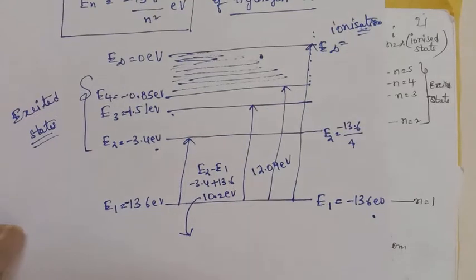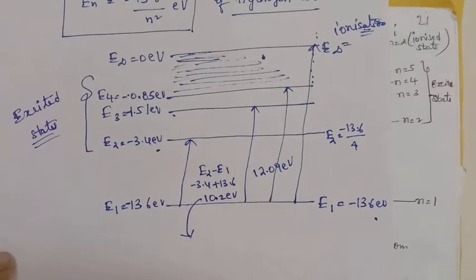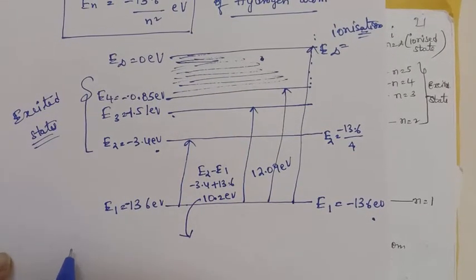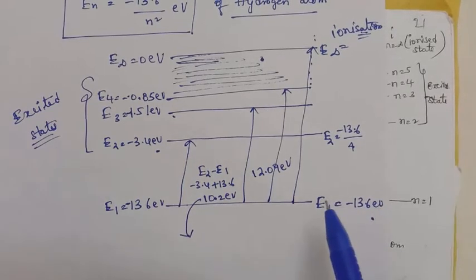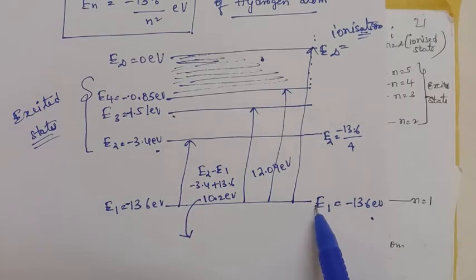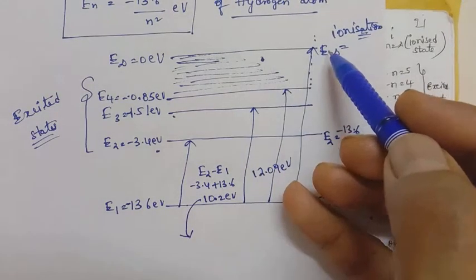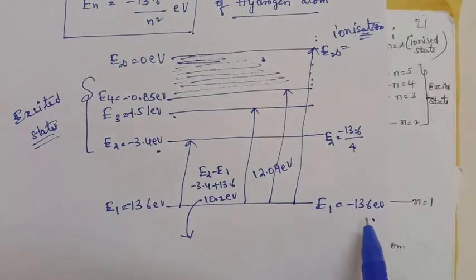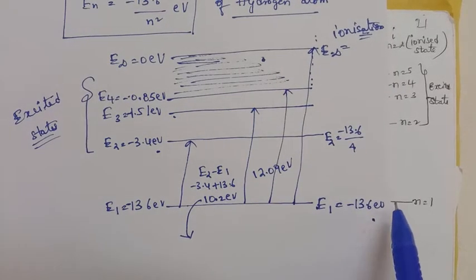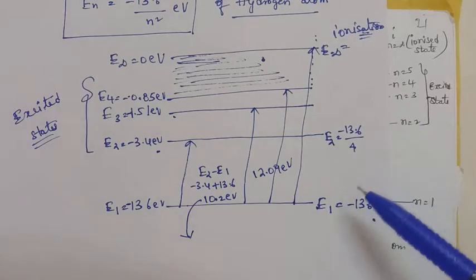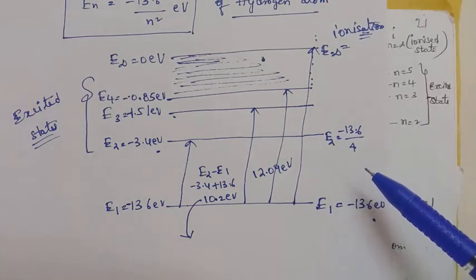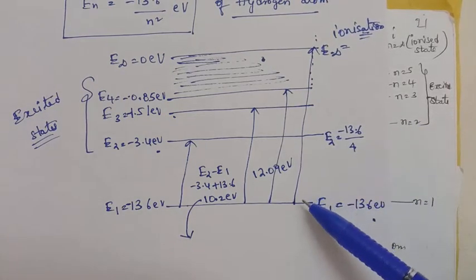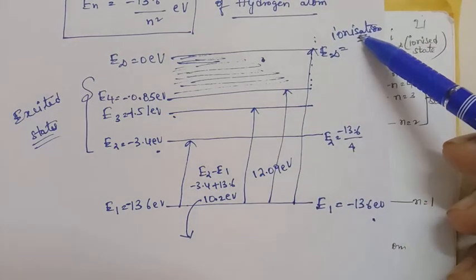What is the ionization energy of the hydrogen atom? Here the electron jumps from the ground state to the ionization state. At that time the energy required is 13.6 electron volts. So ionization energy is the energy required for the electron to jump from the ground state to the ionization state.